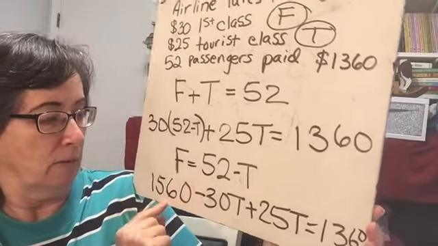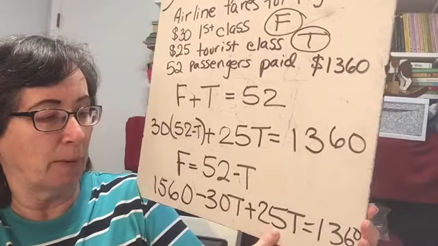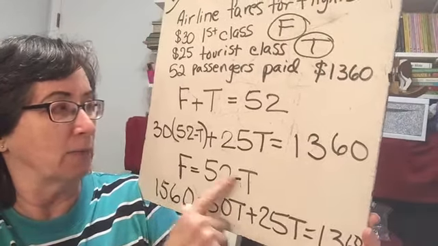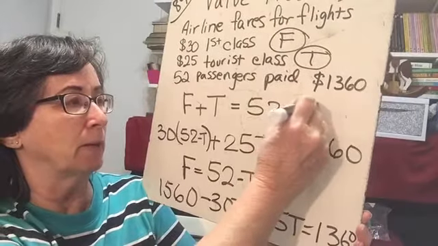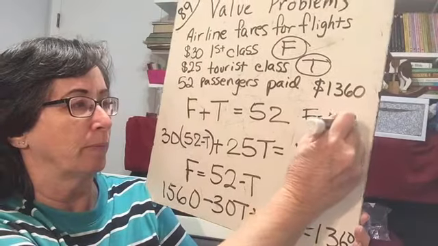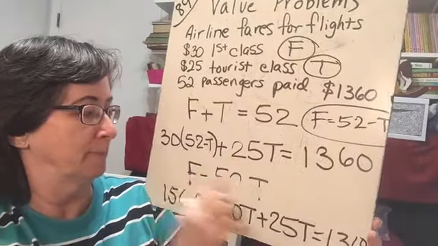Okay, so now we have a minus 30T and a plus 25T. So now I'm going to erase this one right now. Here, I'm going to put it right here so we don't lose it, because that one turns into that one.